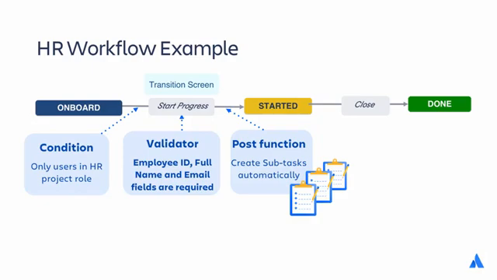If not, the transition presents an error and stops processing. If it passes, there's a post function configured to create multiple subtasks and assign each issue to the resource owner during workflow transition. Resources are configured as project components. Each resource owner is configured as a component lead.